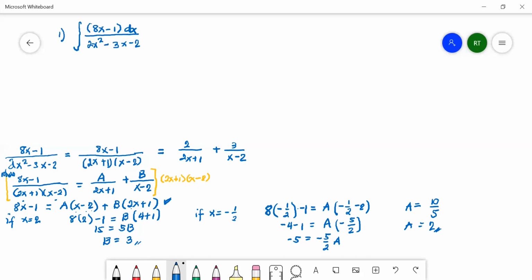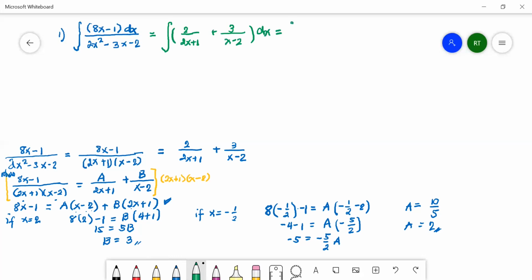And if we go back to our problem, if we evaluate the integral of 8x minus 1 over 2x squared minus 3x minus 2, then after decomposing the rational function, we can write this as the integral of 2 over 2x plus 1, plus 3 over x minus 2, times the differential of x.